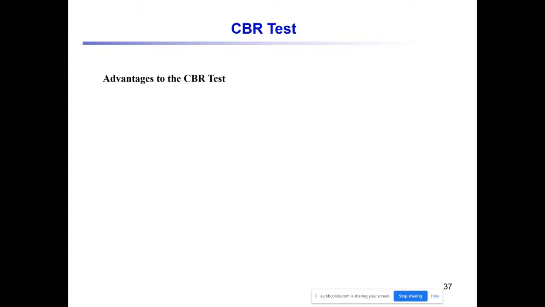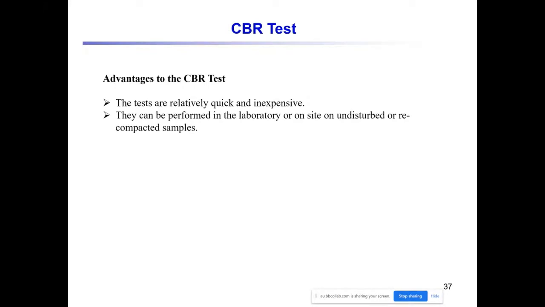But the advantages and deficiencies of this CBR test: the main advantage is that this is a very quick test and it is inexpensive. You can conduct all the tests within 1 day, and you only need 1 person to conduct the test. So it is a very simple test, and it's very flexible.